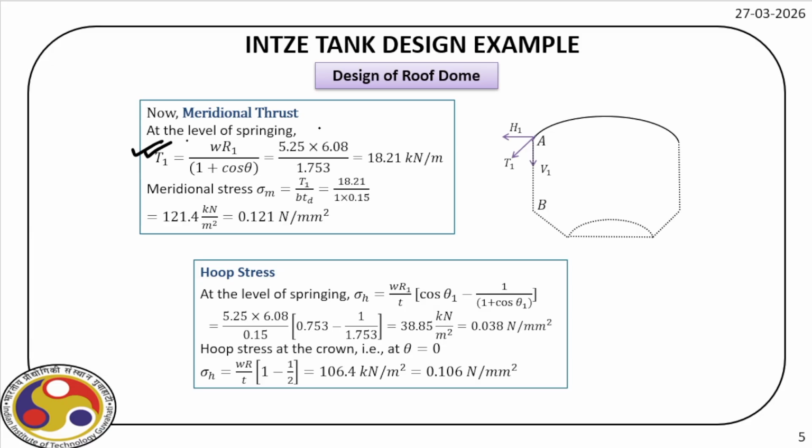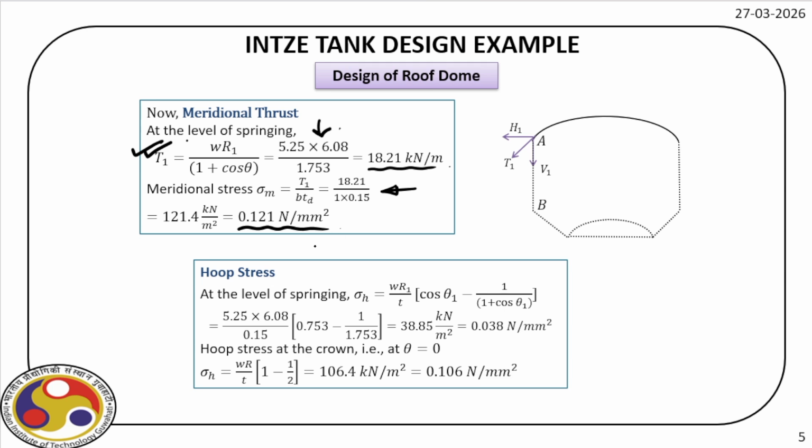So you all know all these components. If we put in the values, we get the meridional thrust T1 as 18.21 kilonewton per meter. From that, we can find the meridional stress, and this time we have 0.121 Newton per millimeter square.